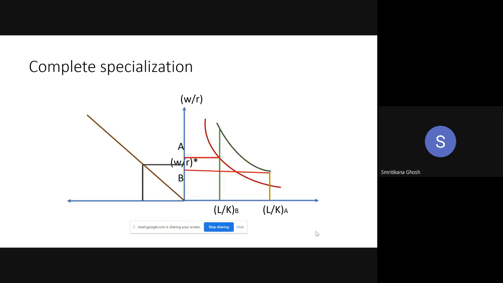Look, this is the complete specialization. When we talk about the Heckscher-Ohlin model, we said repeatedly that the model is telling us that after trade, the countries will go for incomplete specialization. That means both countries can produce both the commodities. But is it true always? Answer is no. You may not have this conclusion.